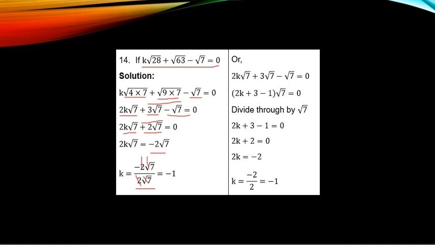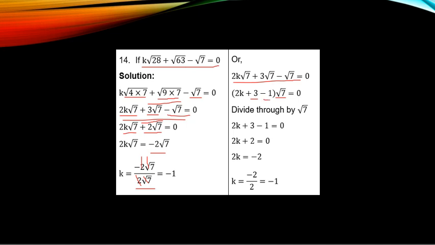Or from this step you have here, we are saying that root 7 is common. If you factor it outside, from the first term you have 2k remaining, from the second term you have 3, from the third term you have minus 1.